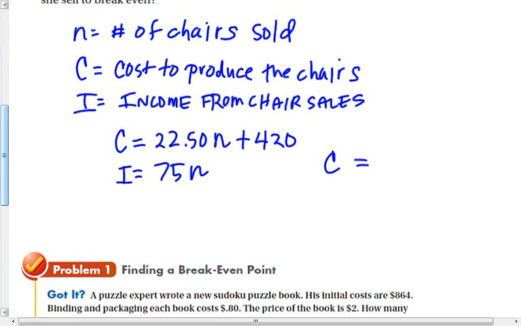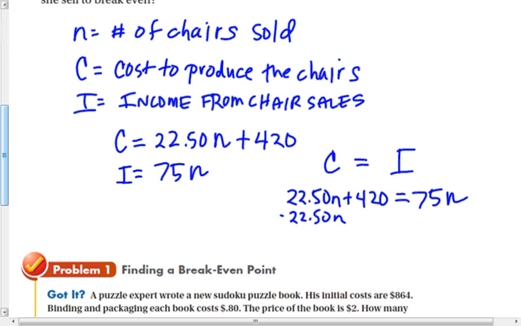So C is equal to I, and we can just substitute for C, $22.50n plus $420. And for I, we can substitute 75n, and then we can just solve that equation. So you might subtract $22.50n from both sides. And then you get 420 equals 52.50n.